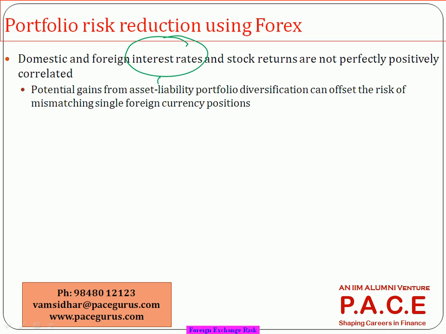So the major aspect in this chapter is primarily identifying the exposure and using the various off balance sheet mechanisms. How do you reduce that exposure? Depending on whether you will be losing if the exchange rate goes up or you will be losing if the exchange rate goes down, it depends on your net. Now, what was your net exposure in our numerical?